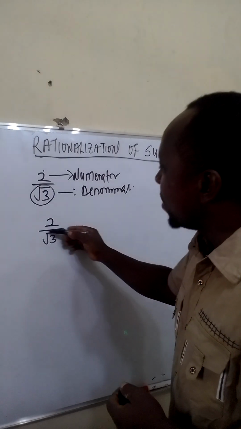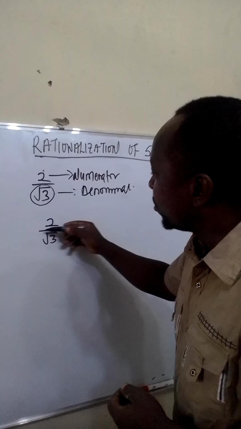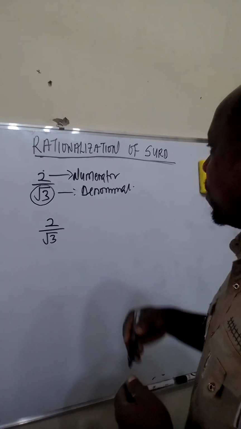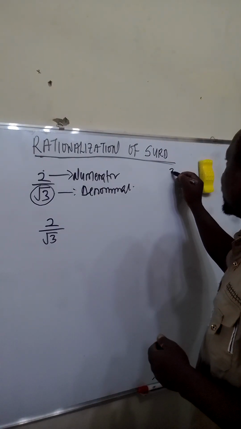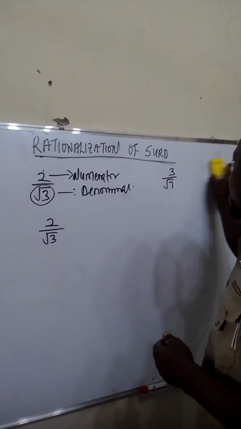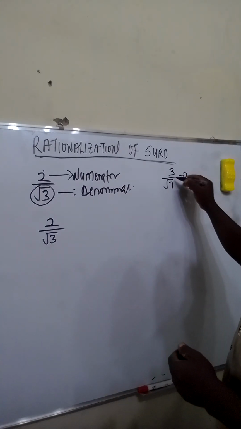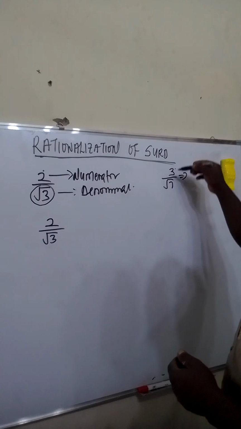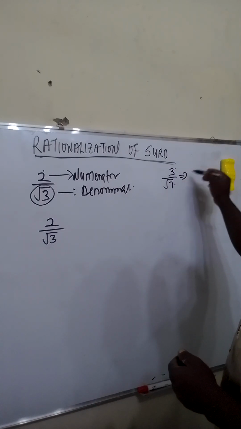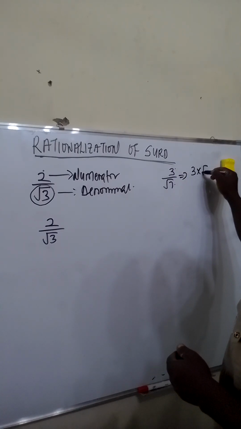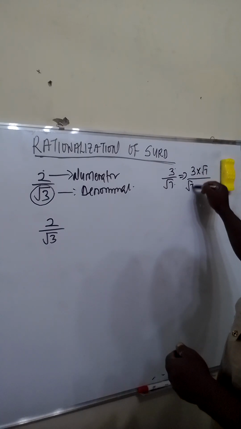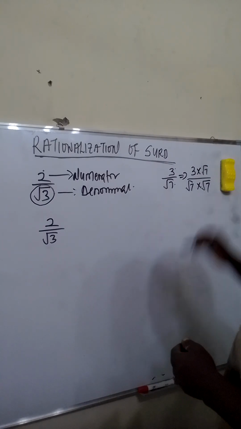The essence is to eliminate the surd in the denominator. For example, if we have 3 over root 7, we can rationalize this surd by multiplying 3 by root 7 and root 7 by root 7. This will become 3 times root 7 over root 7 times root 7.